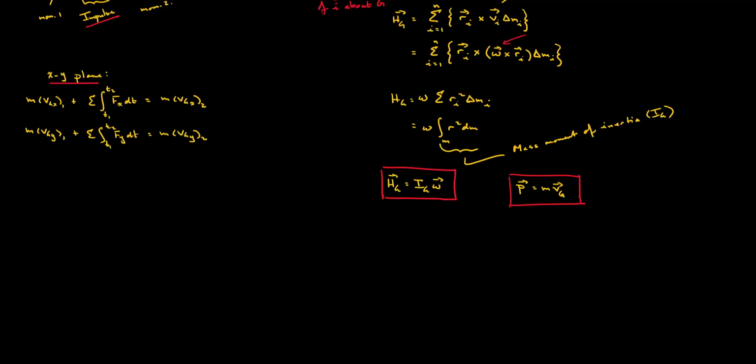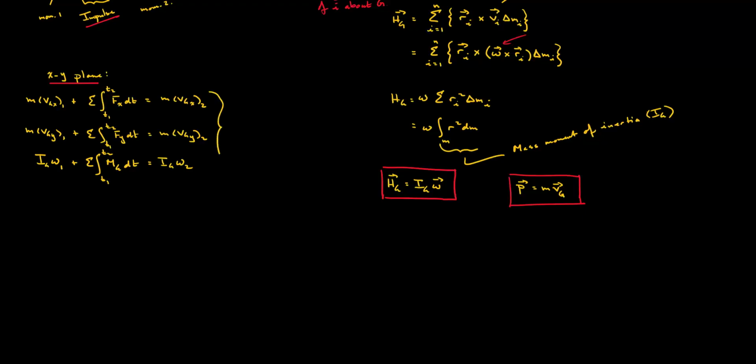And finally, we will have our rotational or angular momentum. So we will have the initial angular momentum plus the impulses. So now what do the impulses look like? So instead of a force multiplied by time, we will have a moment about the center of mass, or all of the net moments about G. Okay.